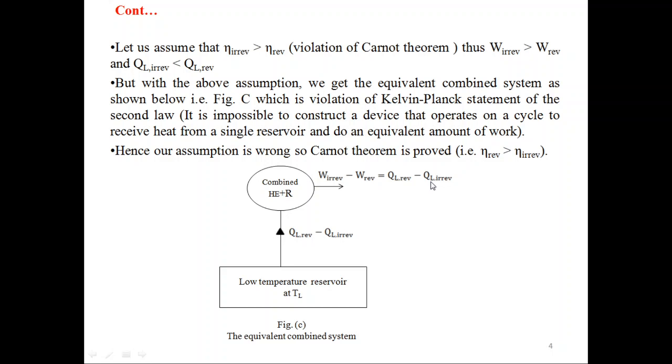So this is the violation of second law of thermodynamics, in which it is having violation of Kelvin-Planck statement. Hence our assumption is wrong. So Carnot theorem is proved. That is, efficiency of reversible heat engine will be greater than efficiency of irreversible heat engine.